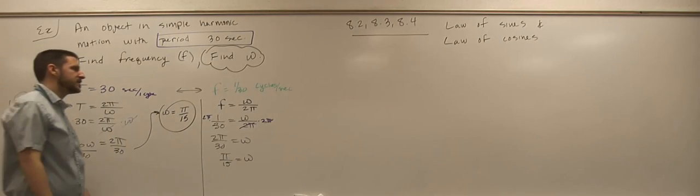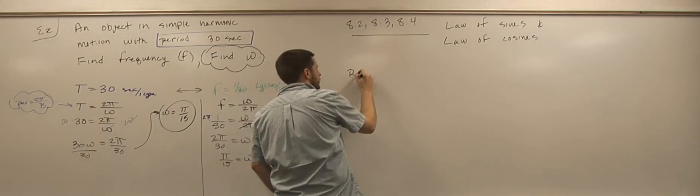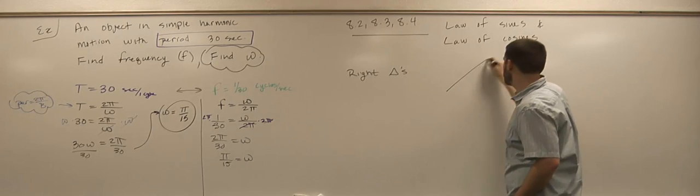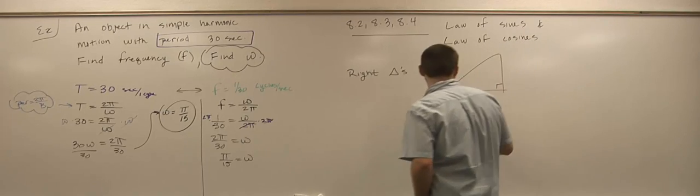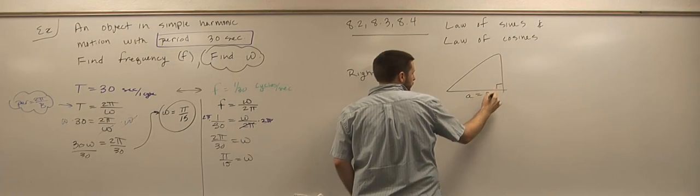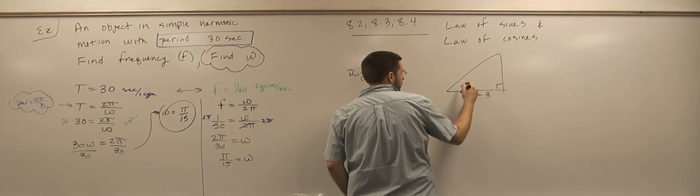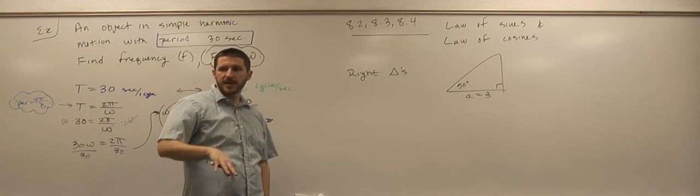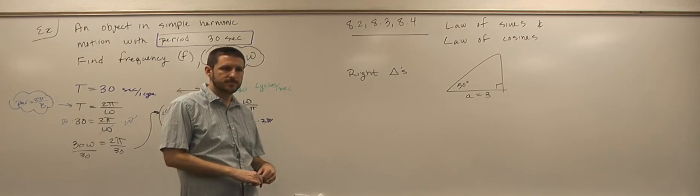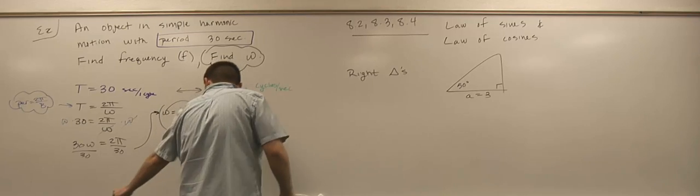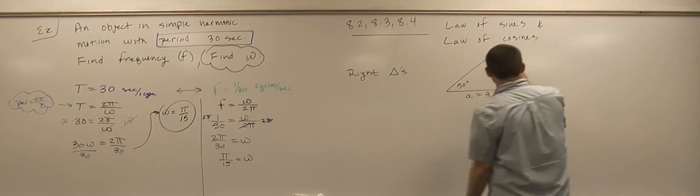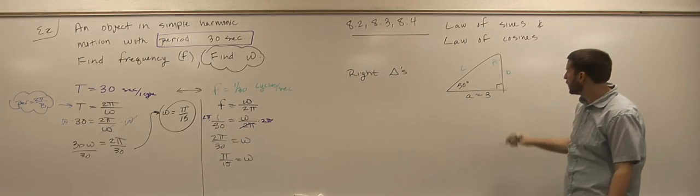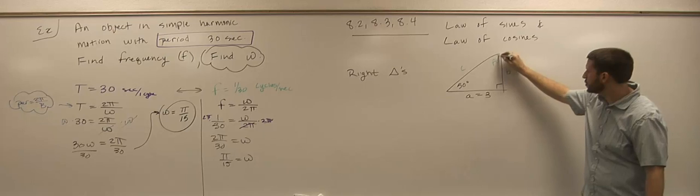So the idea is, if I give you guys this, with maybe A equals 3 and this angle equals 50 degrees, you can jump right in and solve this triangle. We know how to solve this. Let's call this B and C, and we'll call this big A. We can solve for the missing information here. We just did this.